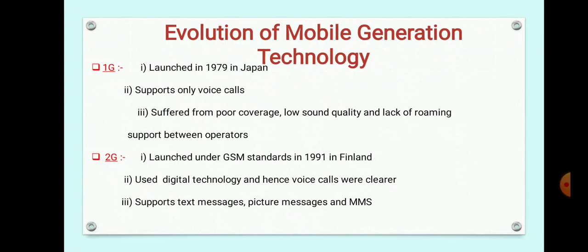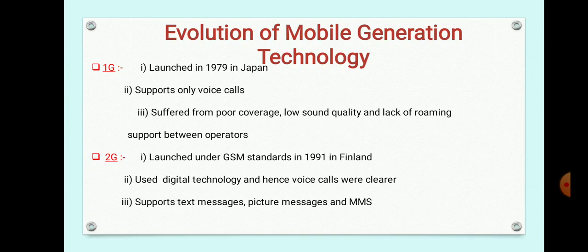So the second generation used the GSM standards, and it used a digital technology. For the first generation, an analog technology was used, but the second generation has advanced to a digital technology, and hence the voice calls were clearer in 2G mobile phones.